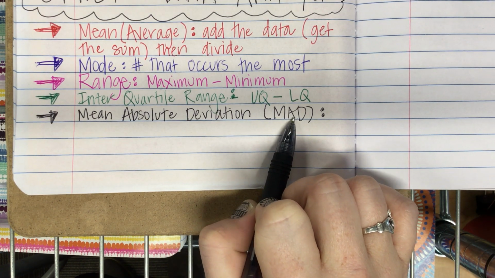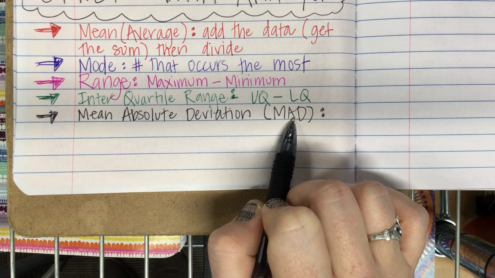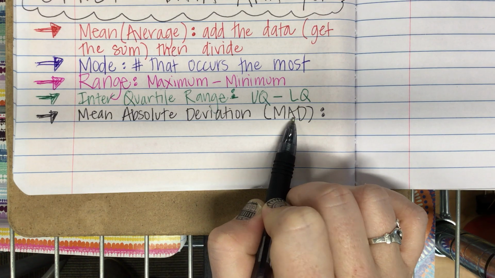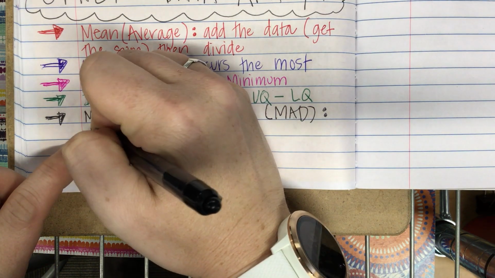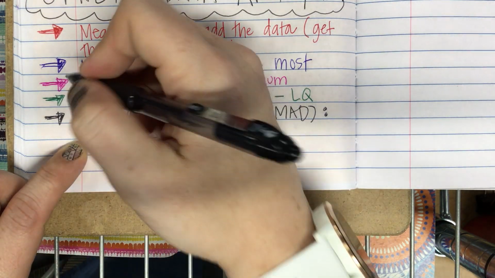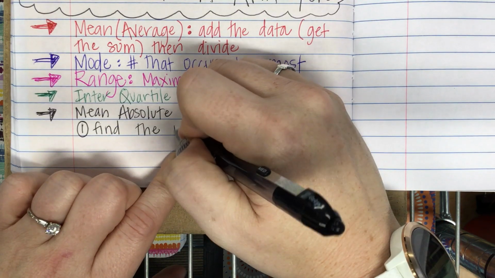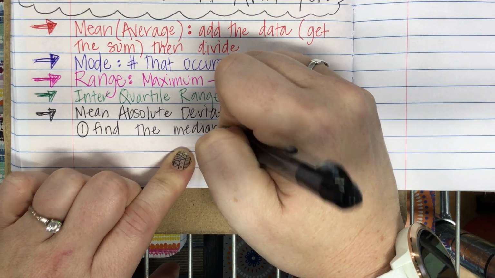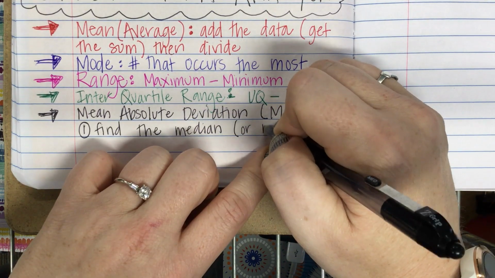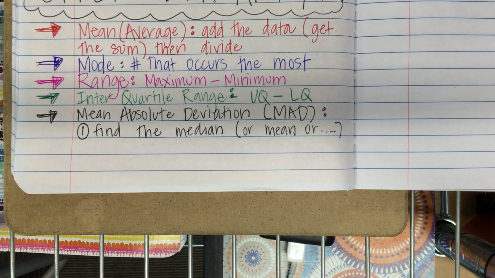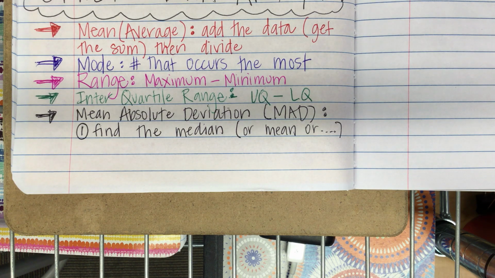You could find the mean absolute deviation for the median. You could find it for the minimum. You could find it for the maximum. To do this, you first find, and we're going to do it by finding the median, or the mean, or the lower quartile, or the upper quartile, or the maximum, or the minimum, whatever it says.